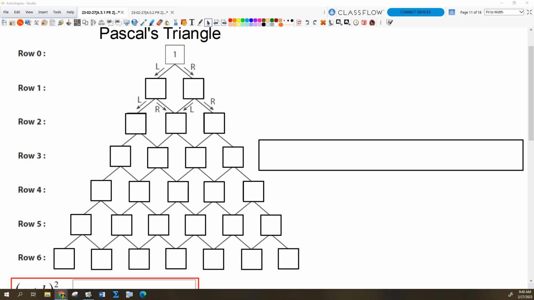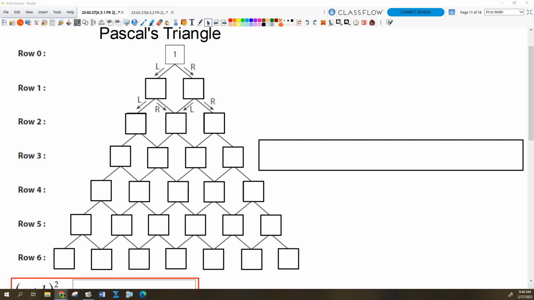You'll see why. Any number, and they're covered up by boxes, is going to be built from the numbers that are above it, right? So later on, if I'm looking at that number right there that we're eventually going to have, it's going to be the sum of the two numbers above it that feed it, okay?